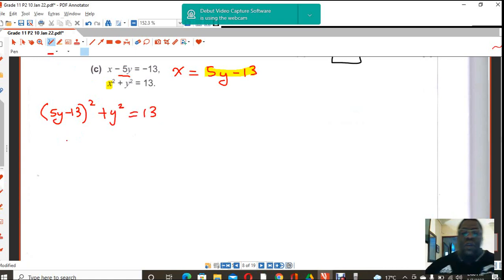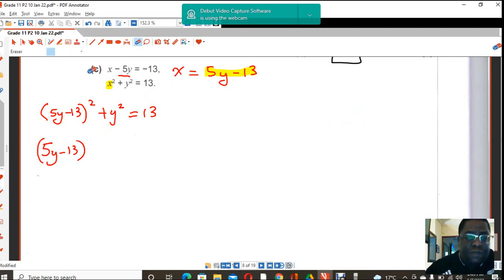So this is going to give me that very horrible quadratic equation that I need to solve, and I find the two values of y, and then subsequently I'll use this formula that I have up here to find the values of x. So this one here means 5y minus 13 multiplied by itself. So make sure you don't make a mistake. So that's (5y minus 13) squared plus y squared equals 13.